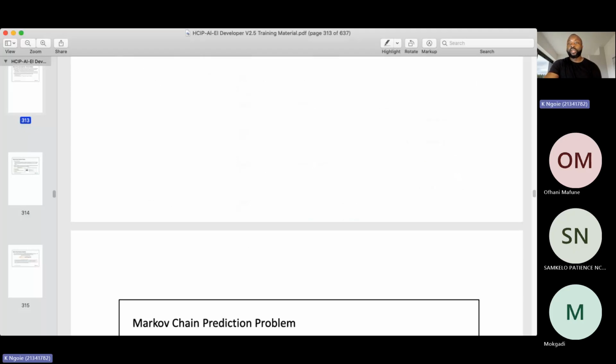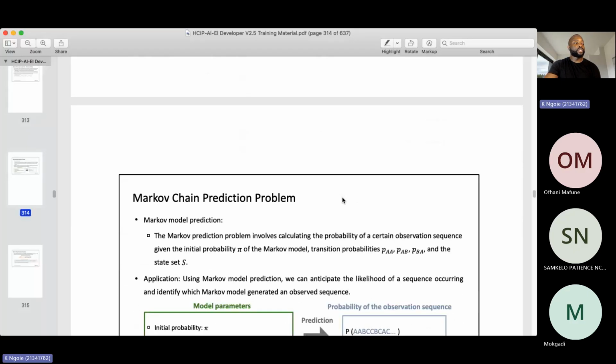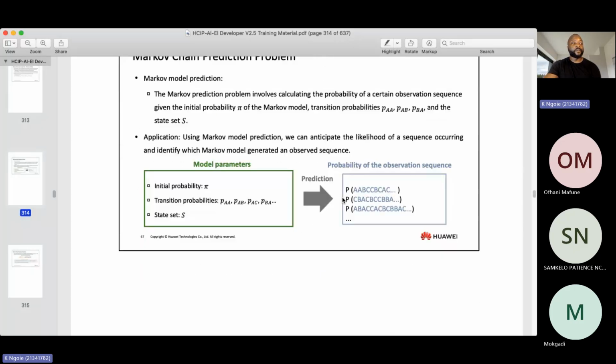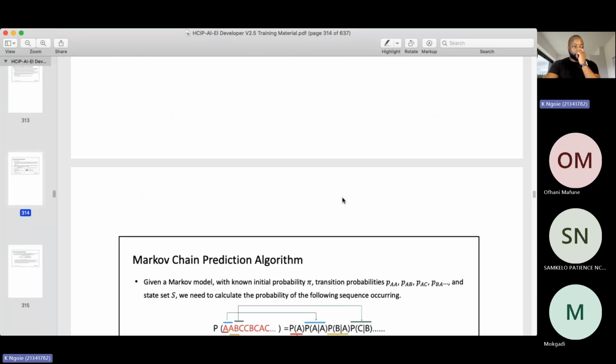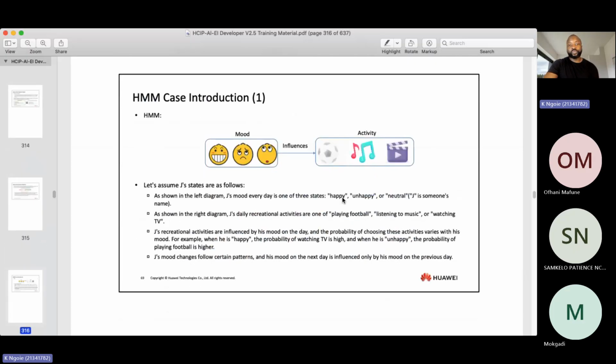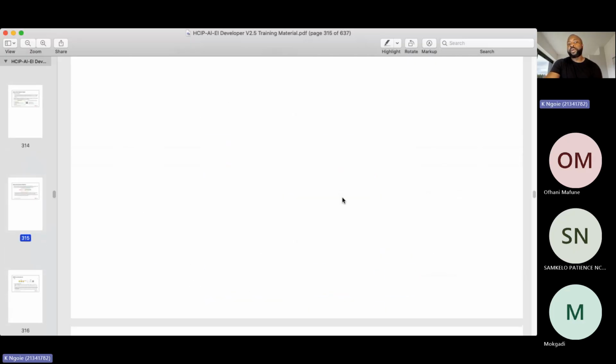So we have these Markov chains. When we look at the Markov chain learning problems, why do we need to do that?